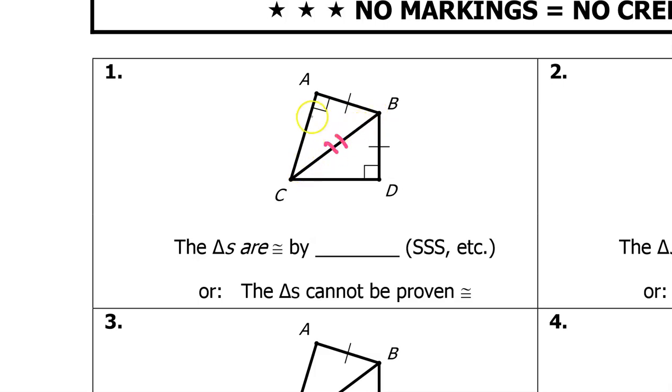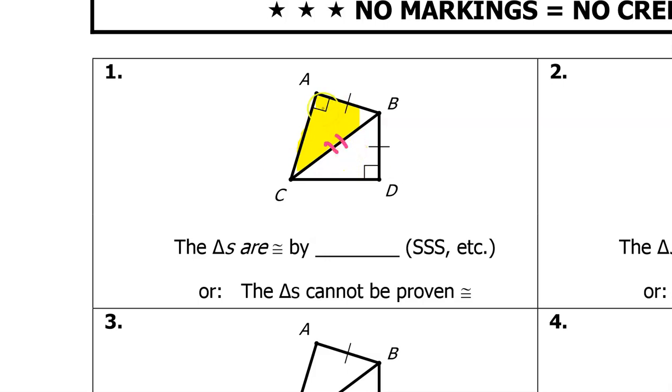It's the same segment for both triangles, so you should go ahead and mark that. With that in mind, if you focus your eyes on one of the 2 triangles to decide which rule we're going to use, I'm going to focus my eyes on this triangle.